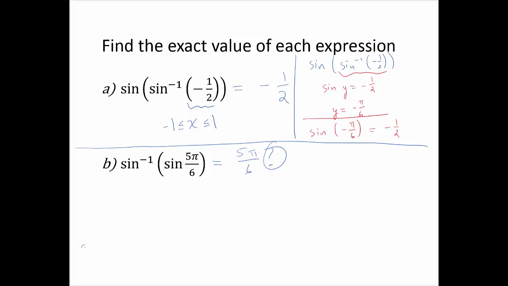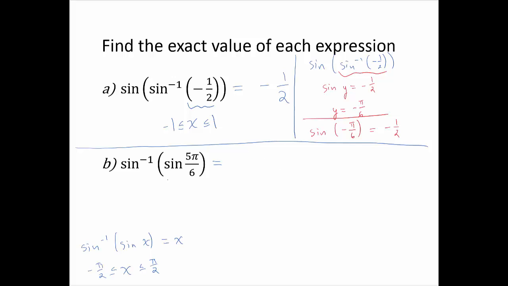Remember from the previous slide that sine inverse of sine of x is equal to x only if x is between negative pi over 2 and pi over 2. So it's not 5 pi over 6.